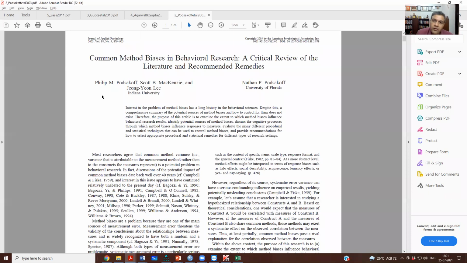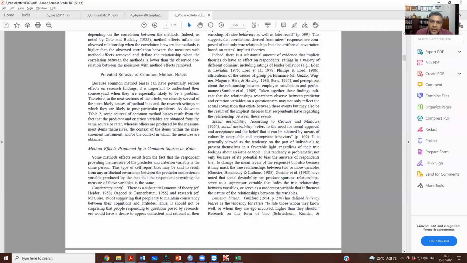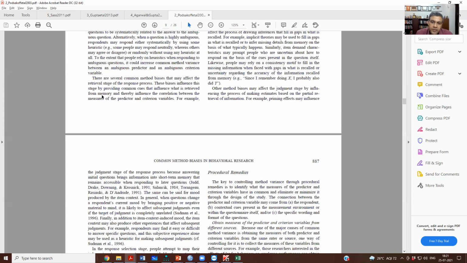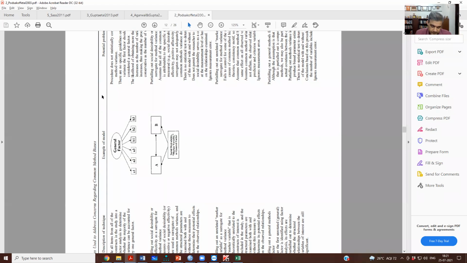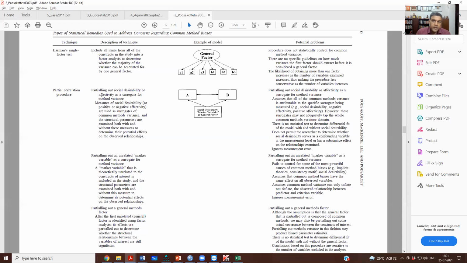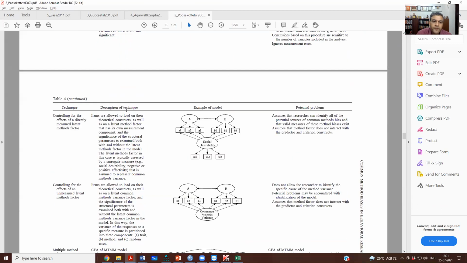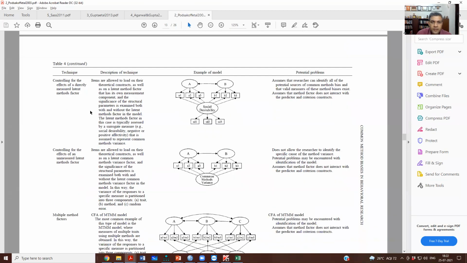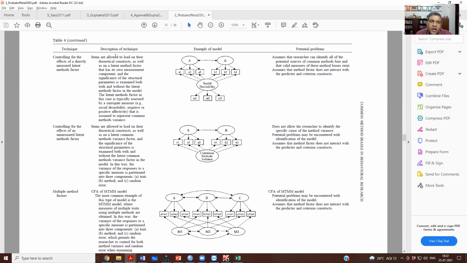I would recommend all of you to read it. If you go to page number 13 of this paper, you can see table 4, where the authors have mentioned multiple ways.